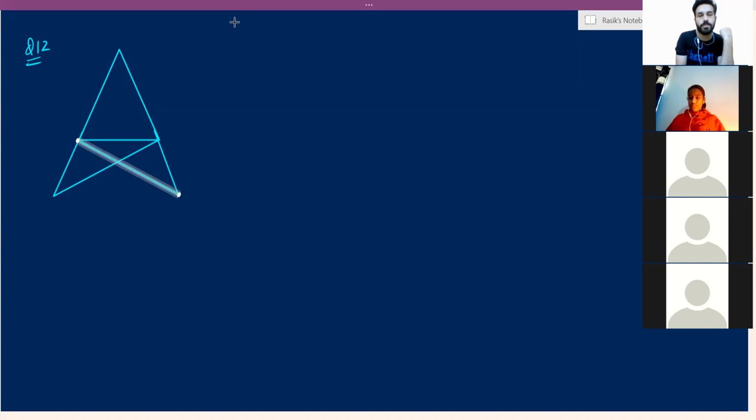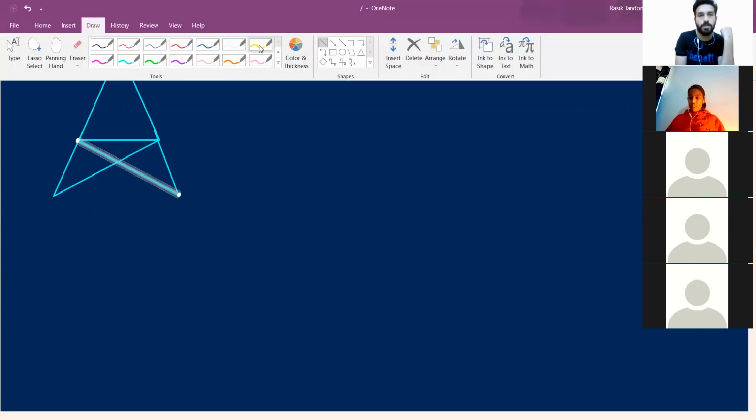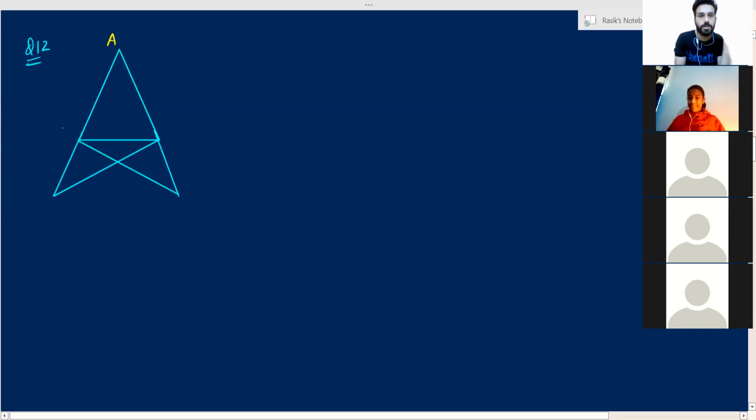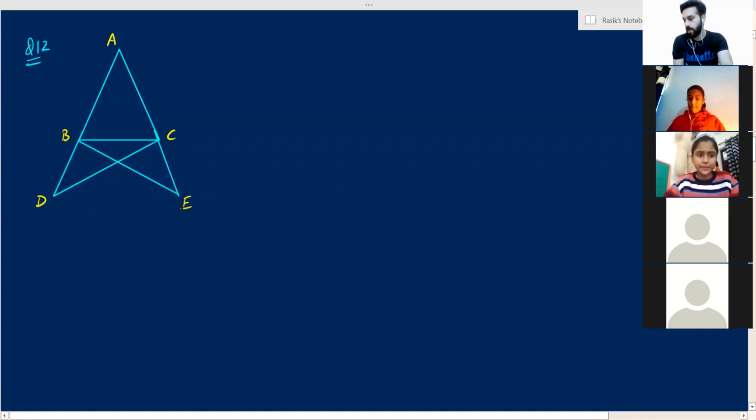So this is triangle ABC, and then AB is produced to point D, and AC is produced to point E.